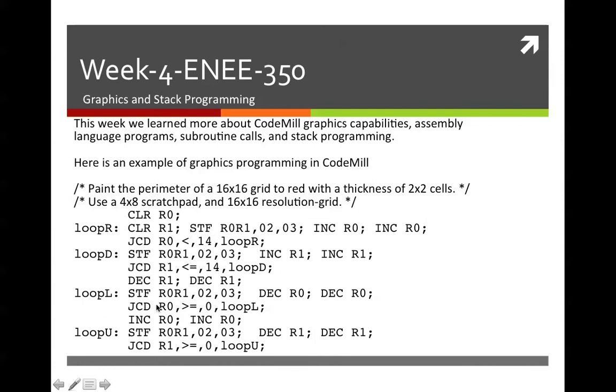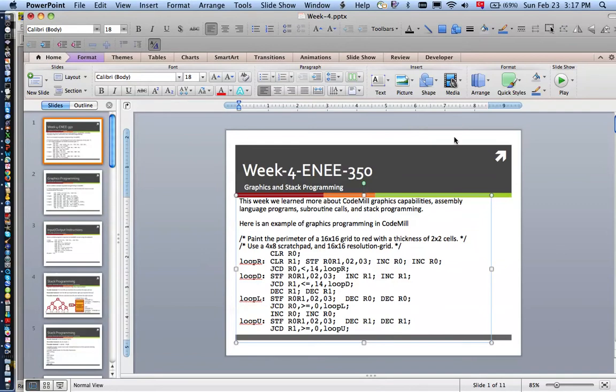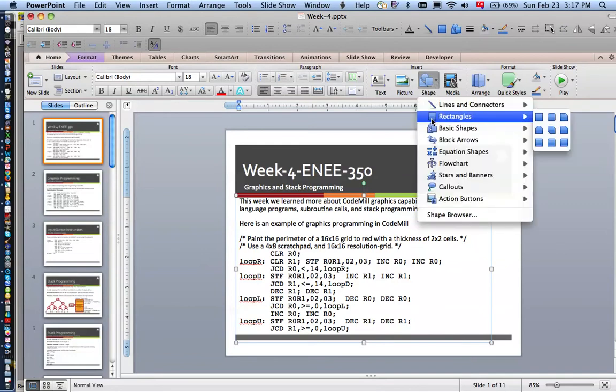And so if you think about a grid for CodeMill to be square in shape, what we want to do is effectively paint this perimeter of the square, beginning on the top left corner of the screen. Let me see if I can actually draw something to demonstrate it.